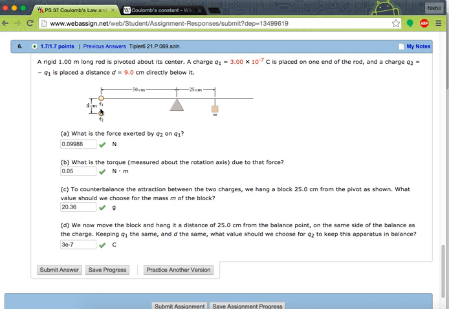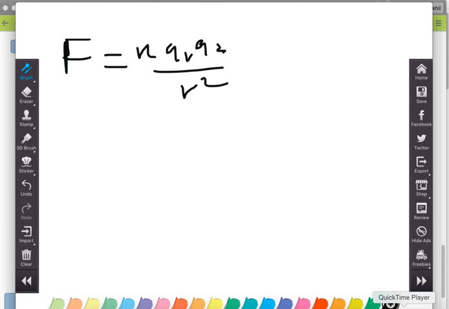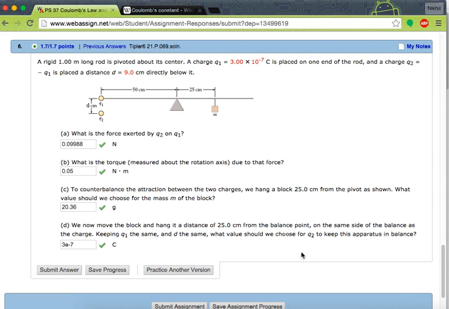It depends on your inertial frame. What is the torque due to that force? Torque is equal to force times the length. We solved for force in part A, and the length, as you can see, is 50 centimeters.